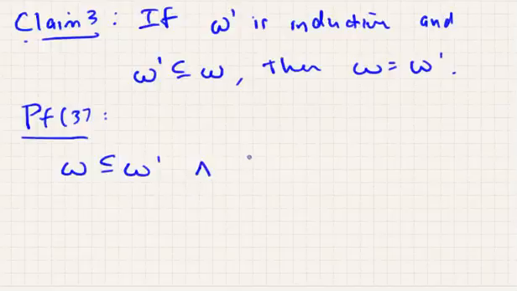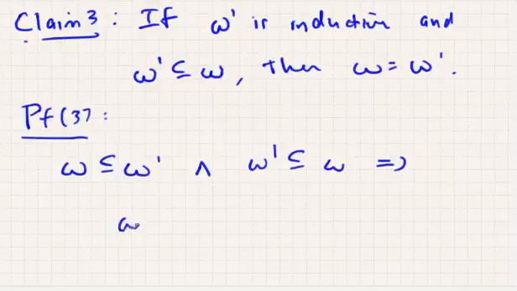But we also have, by assumption, that omega prime is a subset of omega. This means by definition that omega is equal to omega prime, and then we'd be done. We've demonstrated that there exists a unique minimal inductive set, which we're going to be calling omega.